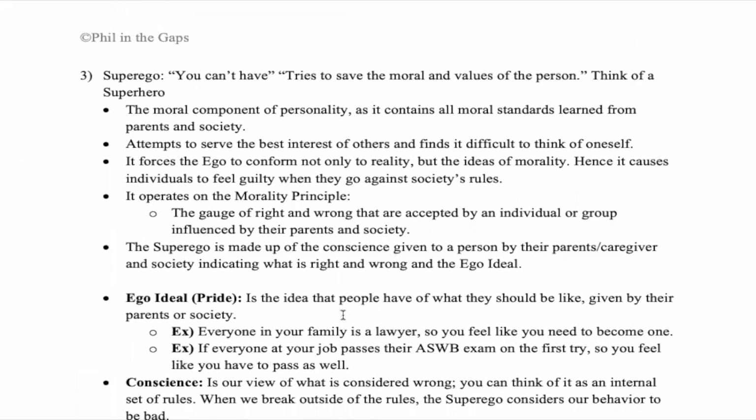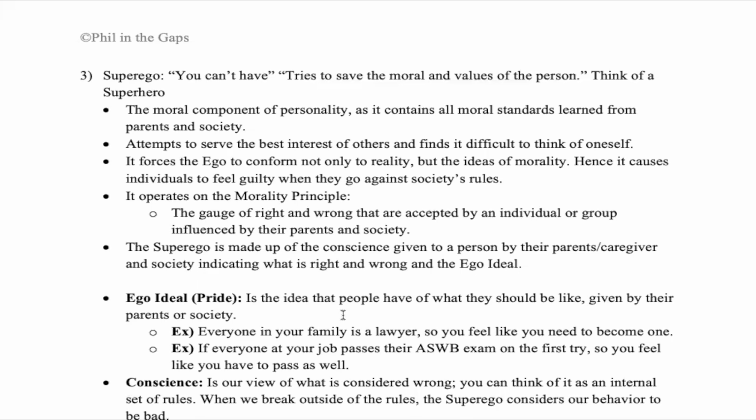And now, segueing into the last component of personality. Think back to that cartoon of the id, impulsive decision making. That's the devil on the shoulder. The ego is the human or the character in the show, while the superego, on the other hand, is going to be that angel that's trying to satisfy the needs of every single person and try to better society as a whole.